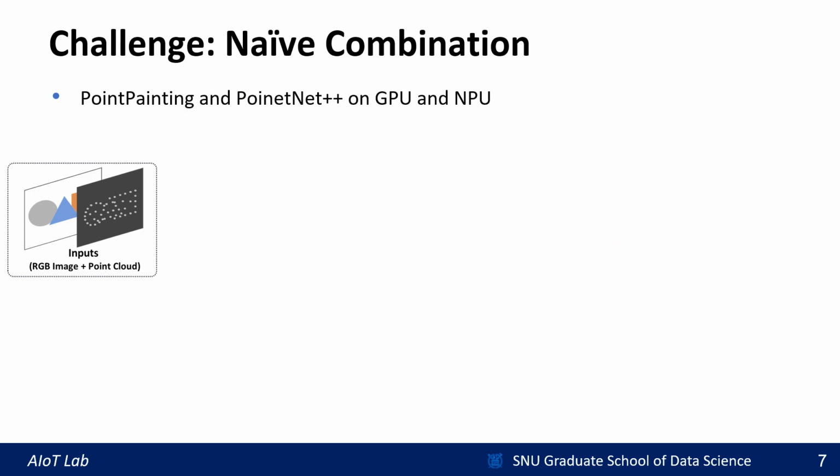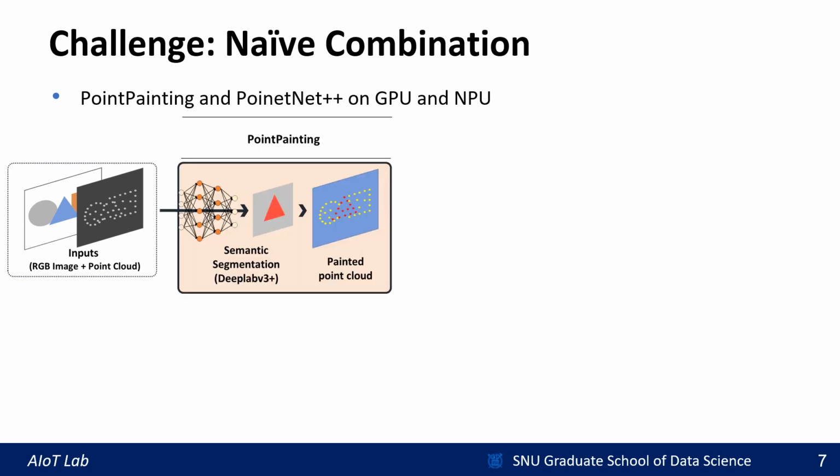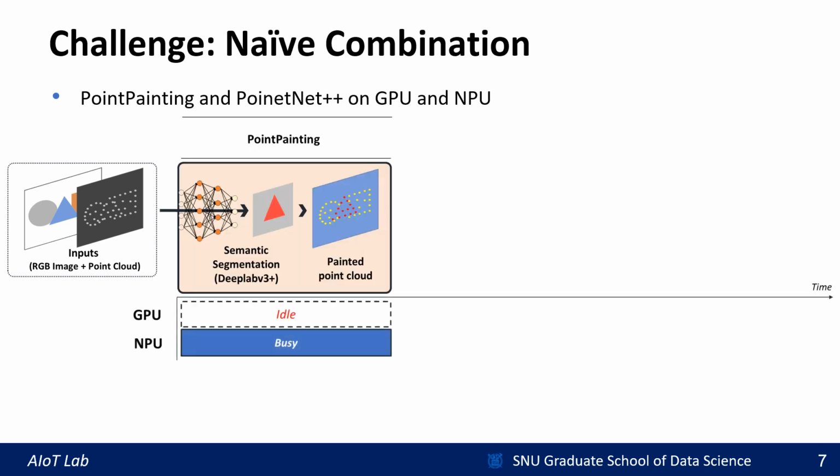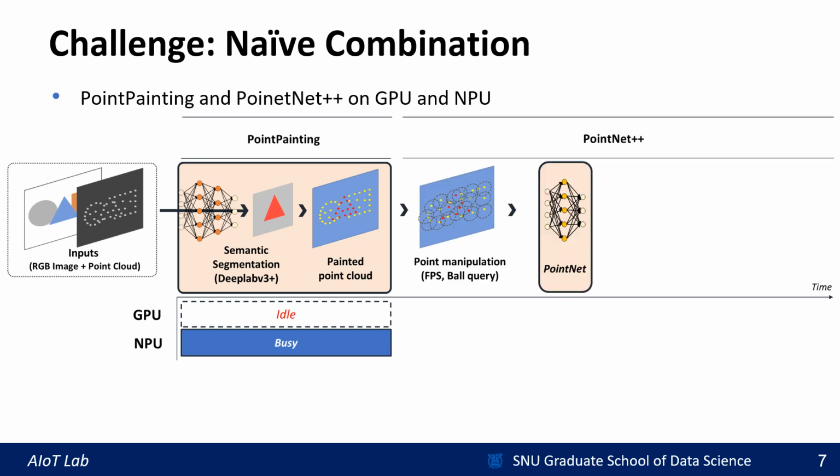Now, let's consider the scenario where we run our baselines on an environment with both GPU and NPU. The first step involves point painting, and as described on the previous slide, NPU is a better option for executing it. While NPU executes point painting, the GPU remains idle. After point painting is completed, we move on to the execution of PointNet++. Initially, the point manipulation is executed, followed by the execution of PointNet.